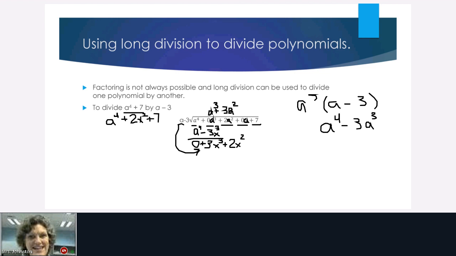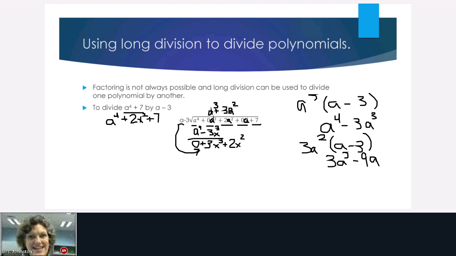Okay, now 3a squared times a minus 3 is 3a to the third minus 9a.